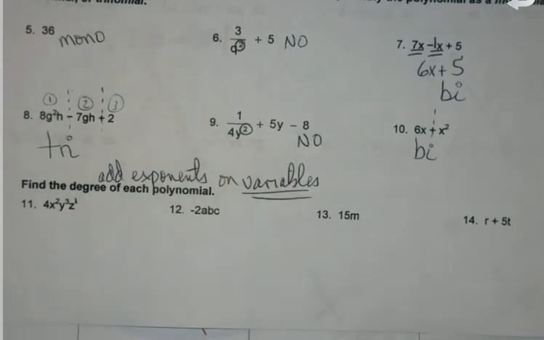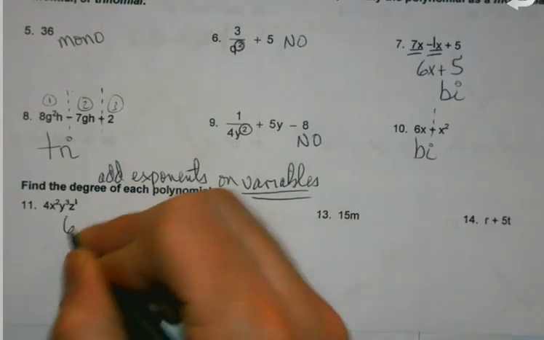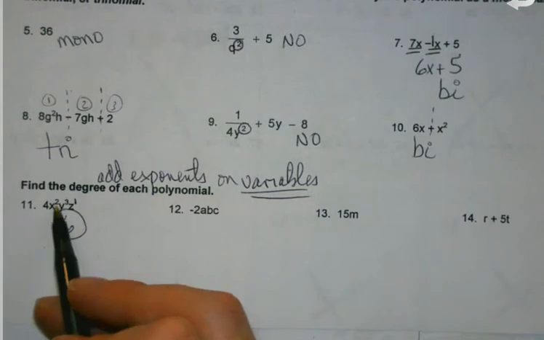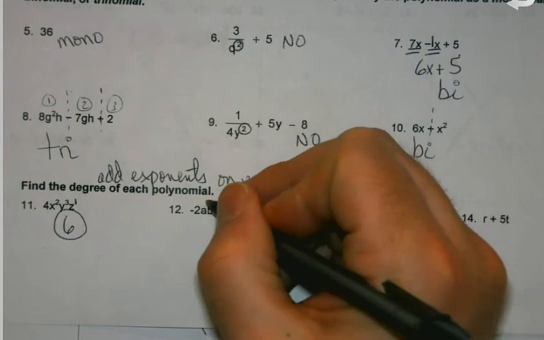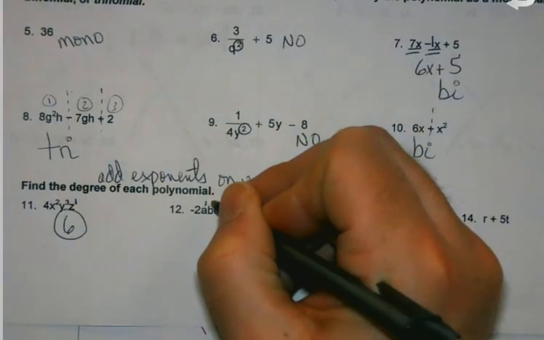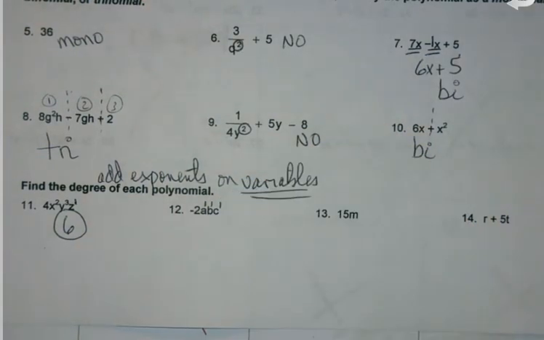If I add up my exponents on my variables, what's my degree going to be in number 11? Okay, 6. Because I'm just adding up those exponents that are there. And then I just got to keep reminding myself, if I don't see an exponent, there's a 1 there. So what's my degree in number 12?